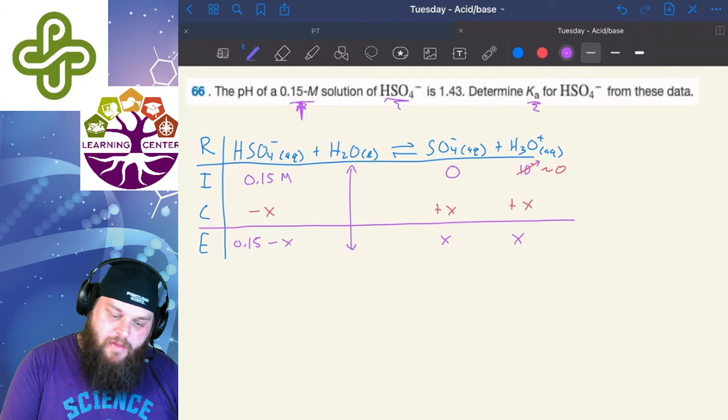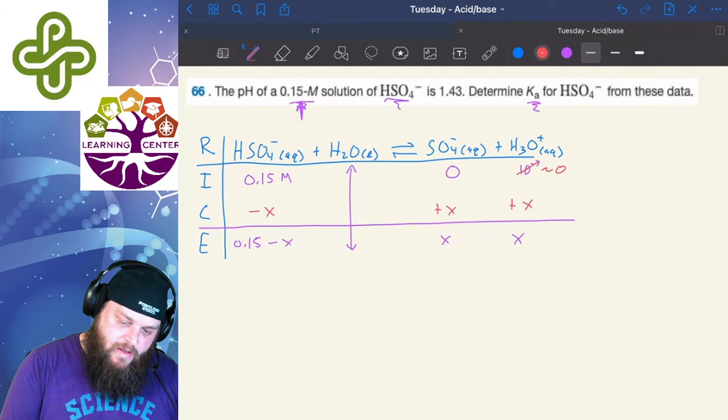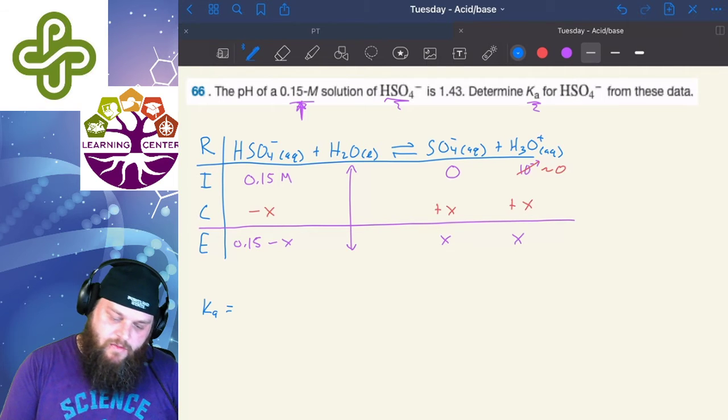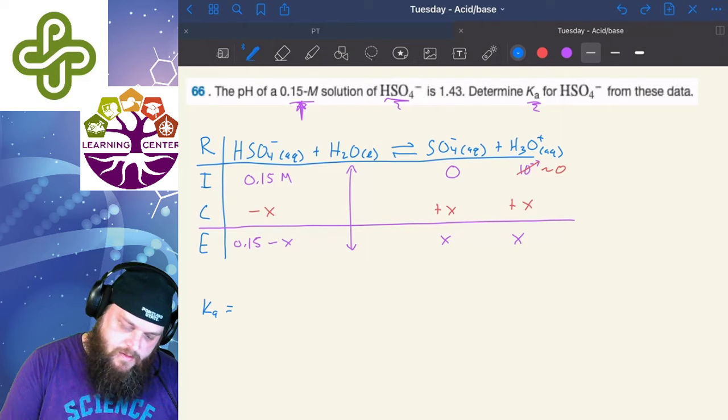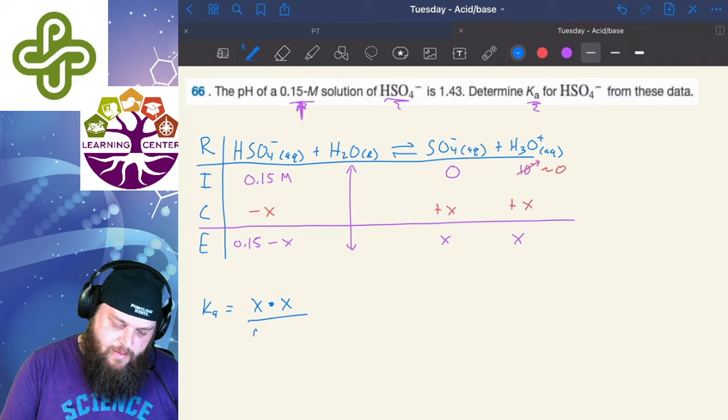So now we can plug this into our Ka equation. Well, Ka is going to be equal to the concentration of the base. So that's going to be x, times the concentration of hydronium, which is also x, divided by 0.15 minus x.